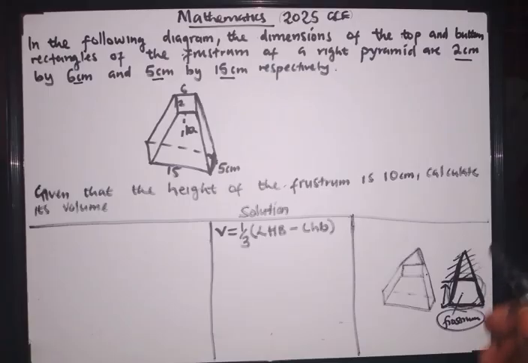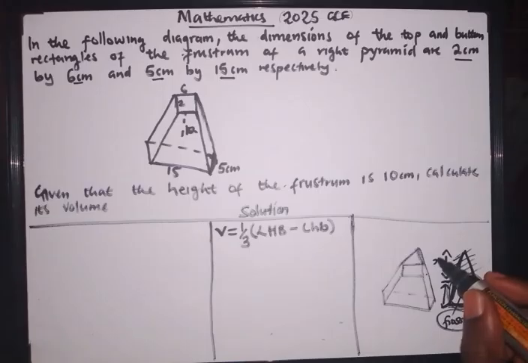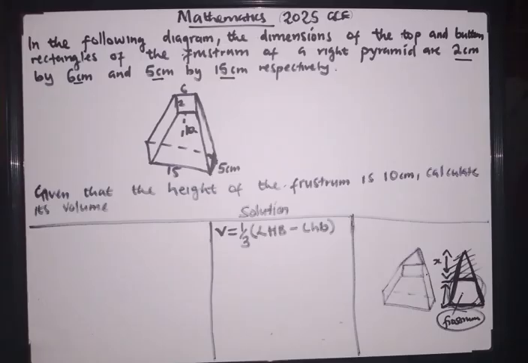So there is also the height for the smaller pyramid, which we don't know. Therefore the total height of this bigger pyramid should be this height you have been given, 10, plus the height of the small one. So that's the first step. We need to find the height of the smaller pyramid.